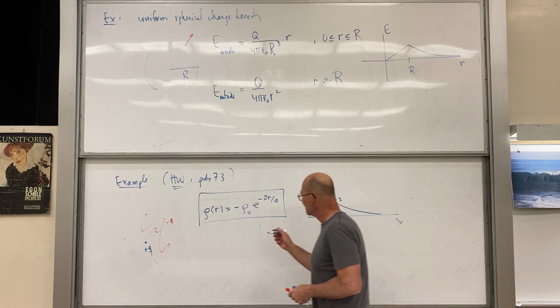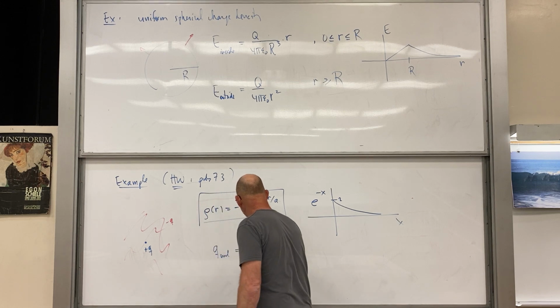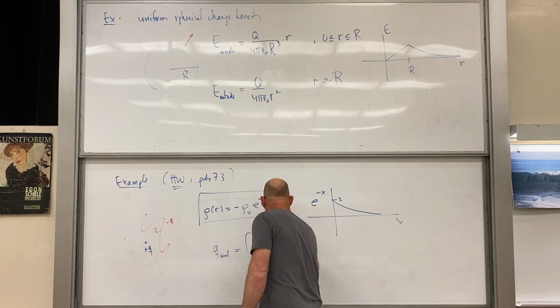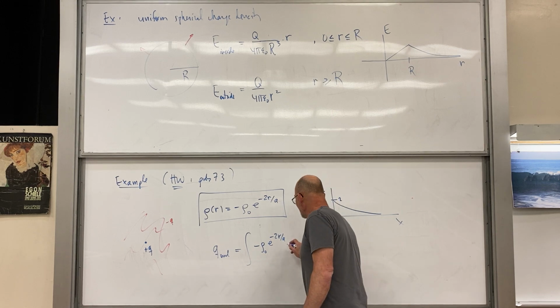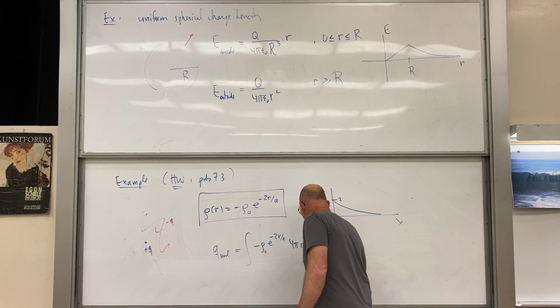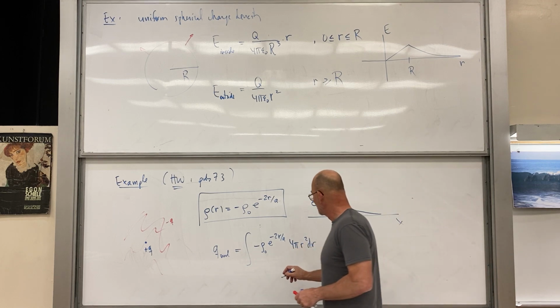Okay. So how do we get the charge? So Q enclosed is going to be this integral of rho naught e to the minus 2R divided by A. And our volume element would be 4 pi r squared dr. Okay, 4 pi r squared dr, that's the volume element.